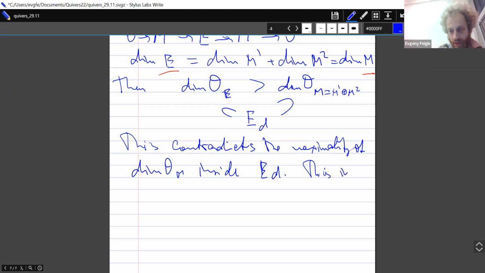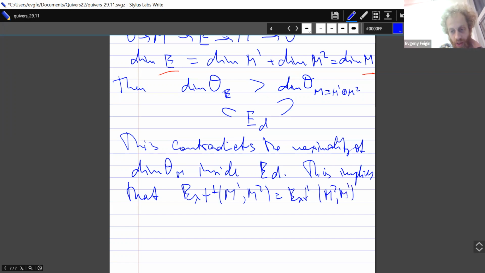So this implies that Ext^1(M1, M2) and Ext^1(M2, M1) are both 0. These are our conditions, our implications.